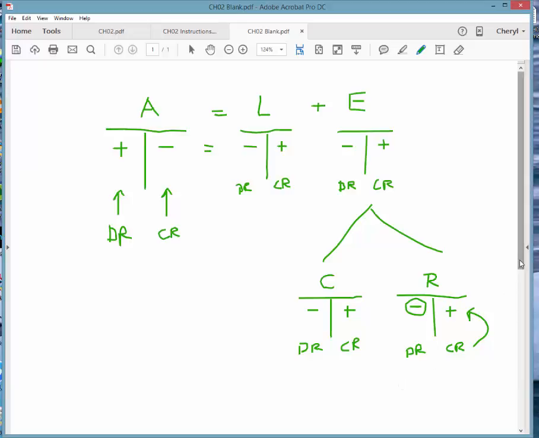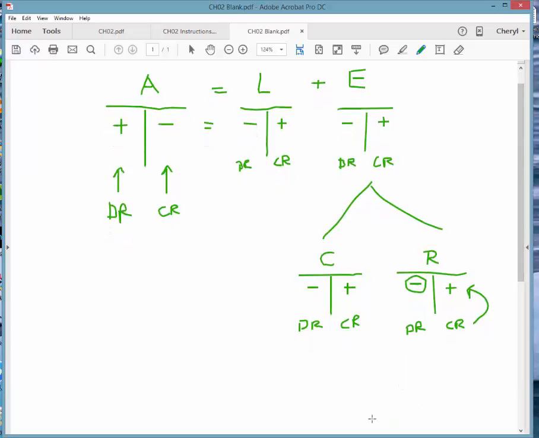Okay. Now, two other types of accounts under equity are our expenses. As a business, we have a lot of expenses. Expenses are going to decrease our equity. Okay, so this is going to be a little different, but because we're going to decrease with a debit on our equities, that means our expenses are going to have to increase on the debit side.